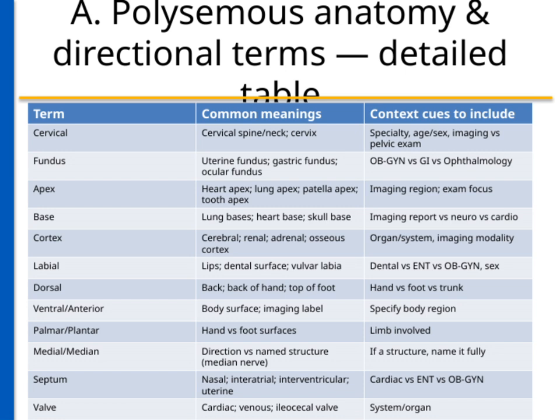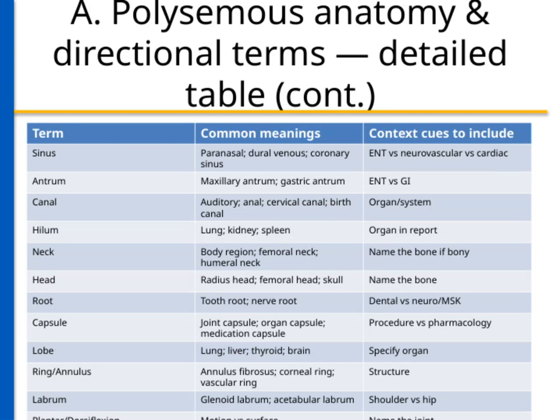So the key takeaway here is that many anatomical terms are polysemous. They have multiple meanings, and the context, including specialty, body region, and imaging modality, is essential for accurate understanding. Let's take a closer look at some polysemous anatomy terms and their directional cues. First up is sinus.